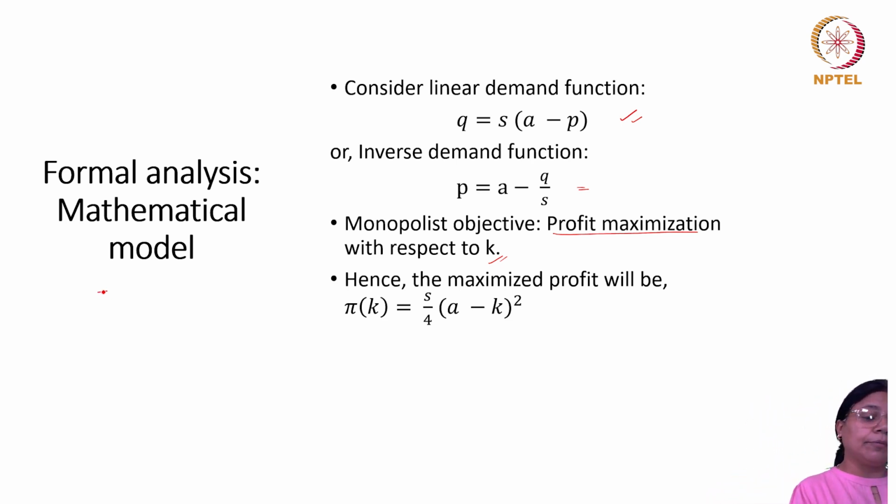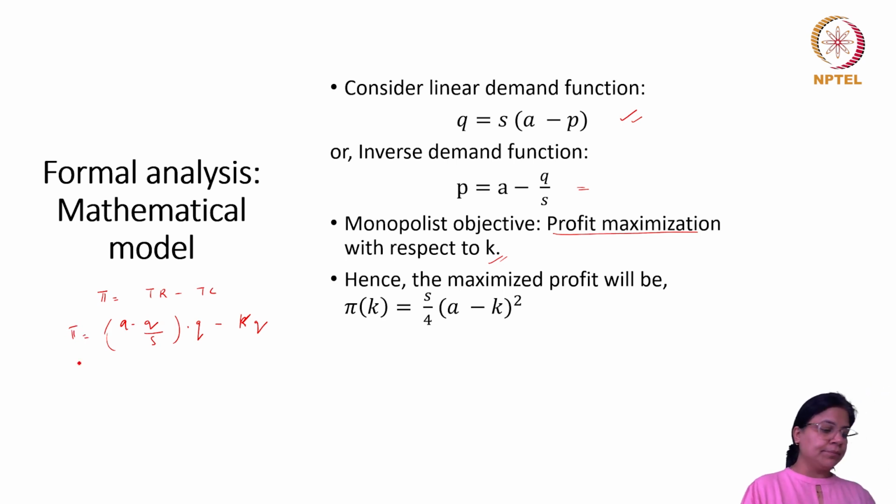They will write their profit equal to total revenue minus total cost, which they will find, given this particular circumstance, to be equal to A minus Q by S into Q minus K times Q. And they will maximize the same with respect to Q.